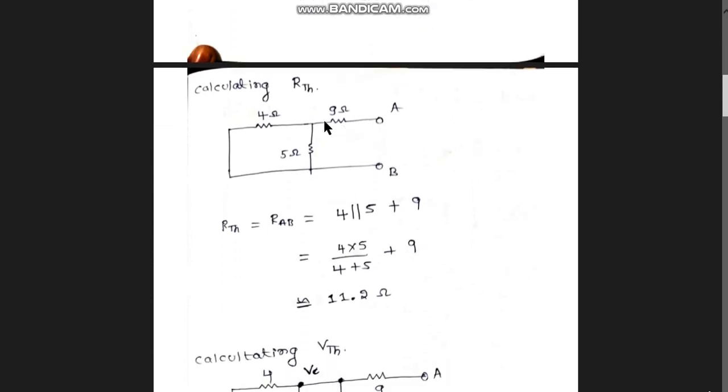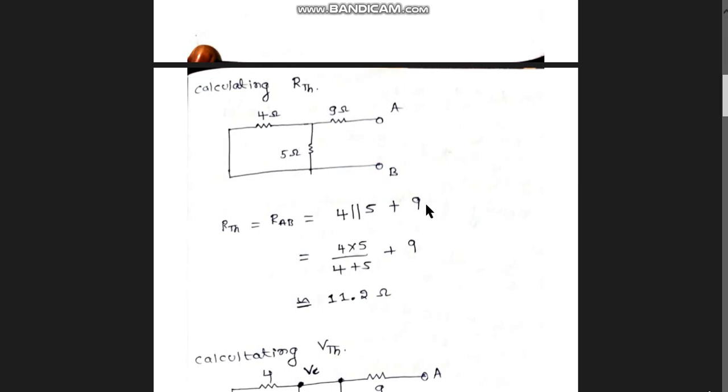As you can see in the picture, we can conclude that the 4 ohm is in parallel with the 5 ohm, because after finding the effective resistance, that resistance will be in series with this 9 ohm, right?